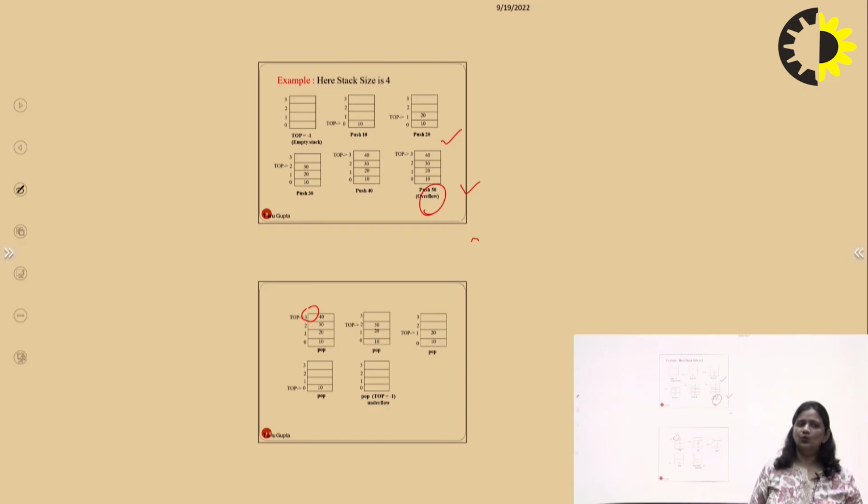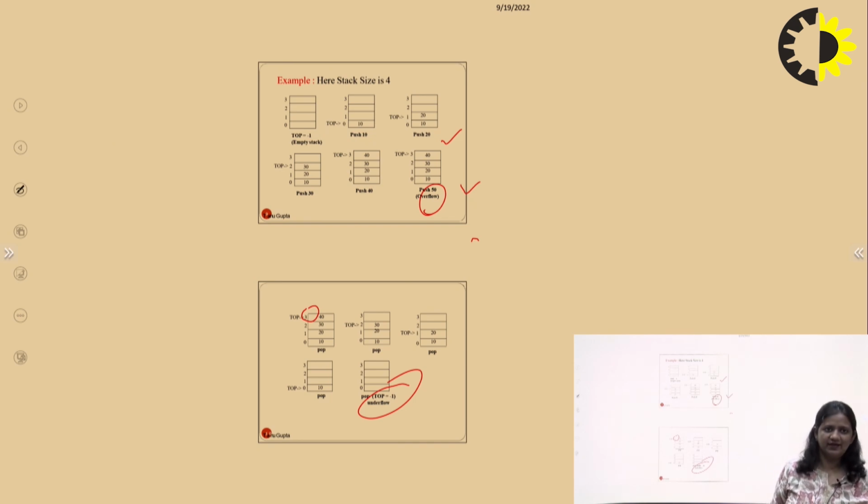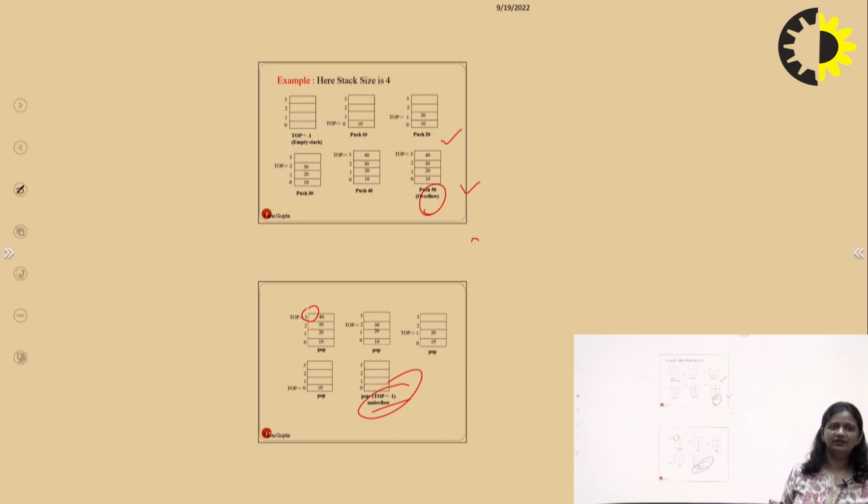And if there is no element in the stack and we apply a pop operation, how can we delete an element? So this will show an error message, a condition of underflow. Underflow is when there is no element in the stack and we try to delete an element from the stack.